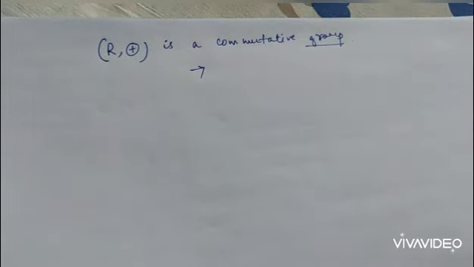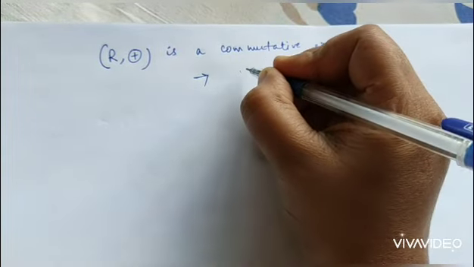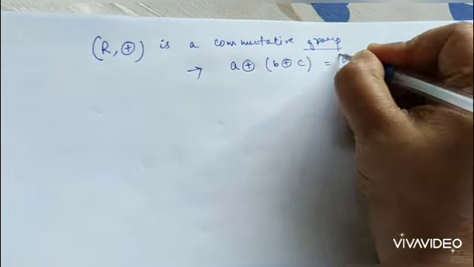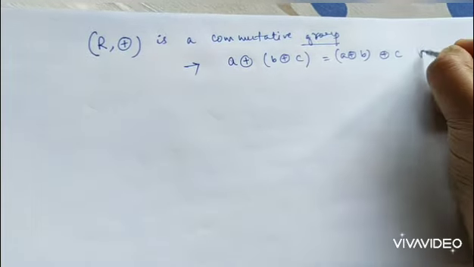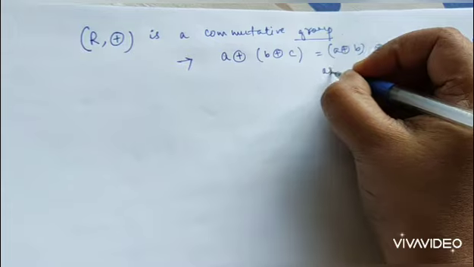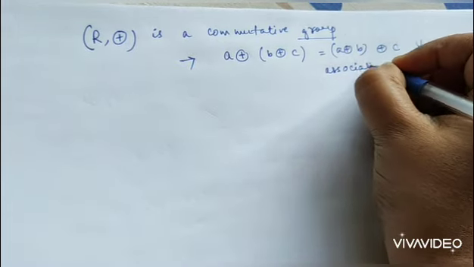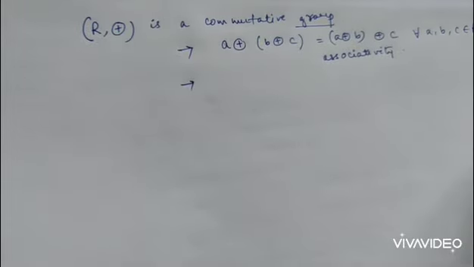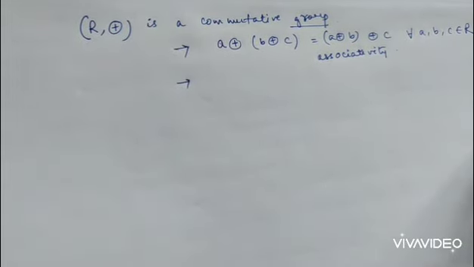So I start with associative property. First is (A plus B) plus C equal to A plus (B plus C) for all A, B, C belongs to R. So this means associativity. Next, existence of identity and inverse.